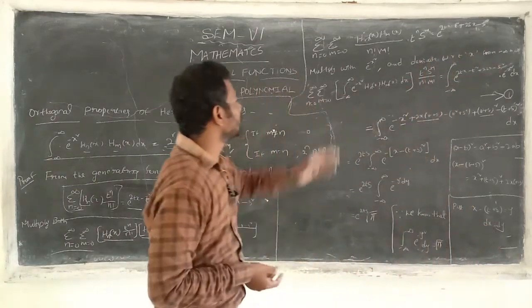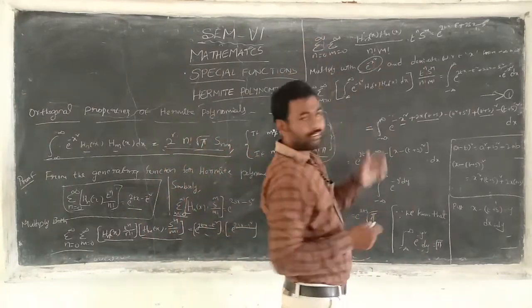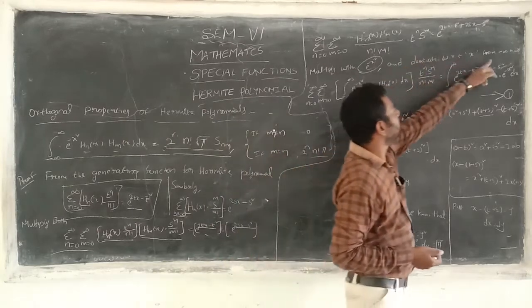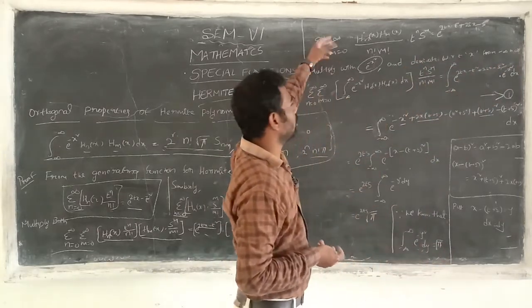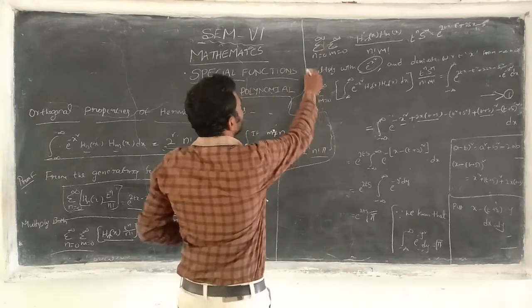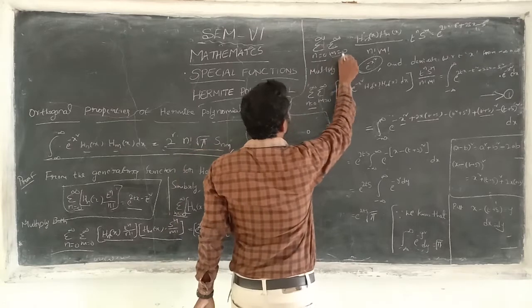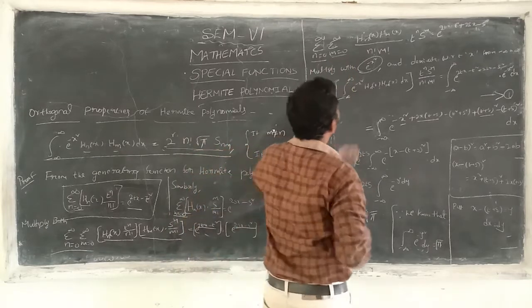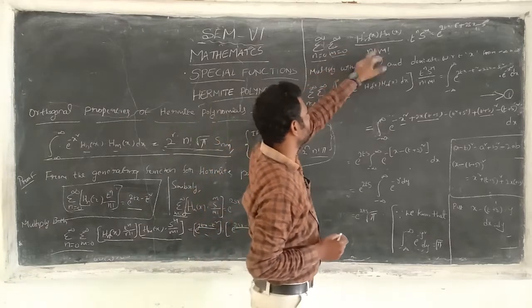So multiply this equation with e power minus x square and integrate with respect to x from minus infinity to plus infinity. So the sum over n from 0 to infinity as usual, the sum over m from 0 to infinity as usual. Multiply with e power minus x square on both sides.